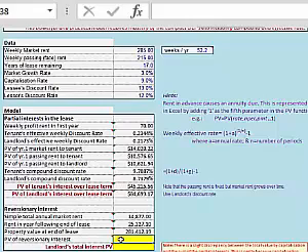However, today's value for that is somewhat less, and so I have to do a present value. I'm going to do this longhand. I'm going to take that value, I'm going to divide it by 1 plus the landlord's discount rate raised to the power of the number of years.